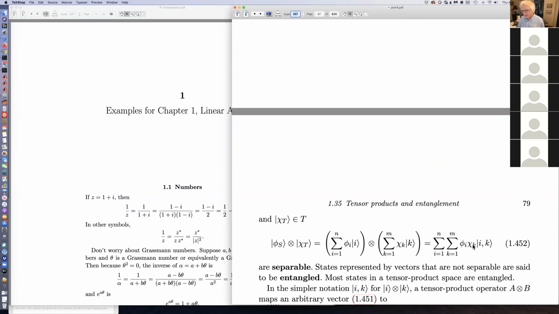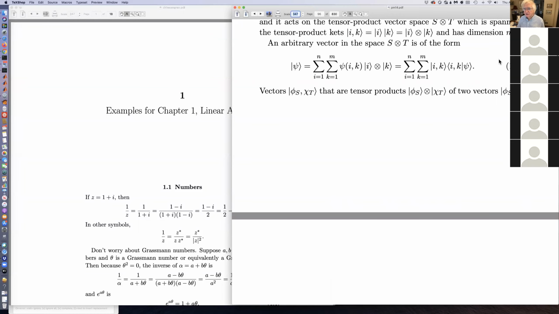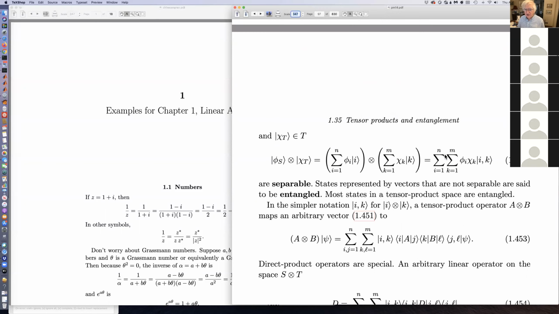You have the n phi_i's and the m chi_k's. In the general case, these are entangled if they're not separable. So separable is easy to define, and entangled just means not separable. Most states in a tensor product space are entangled.